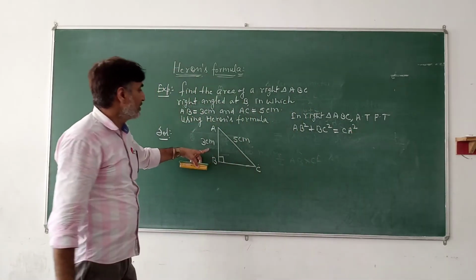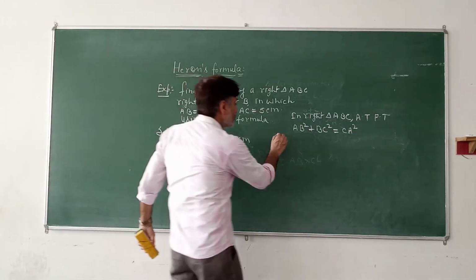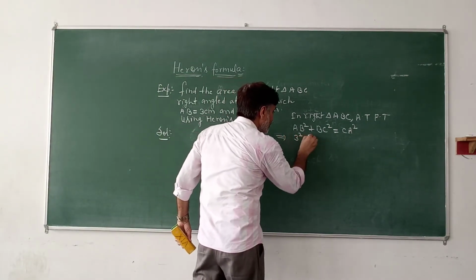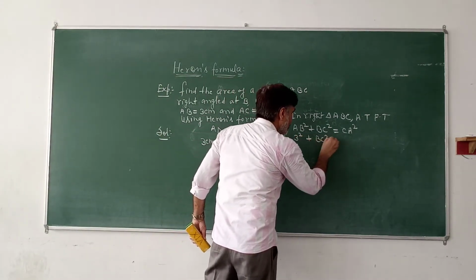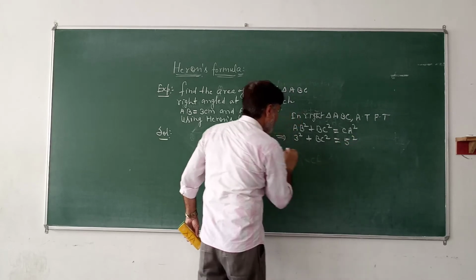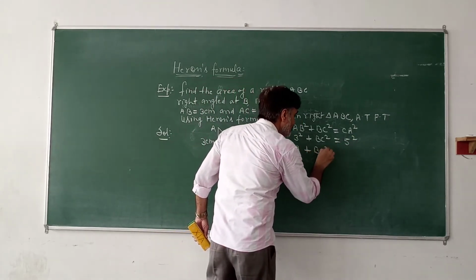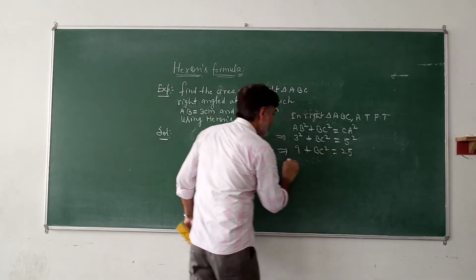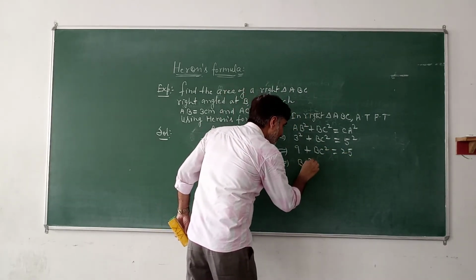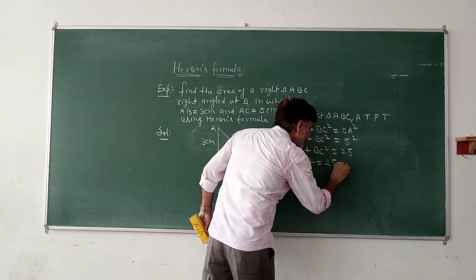Put the values of AB and AC: 3 square plus BC square equals 5 square. 3 square becomes 9, plus BC square equals 25. BC square becomes 25 minus 9.